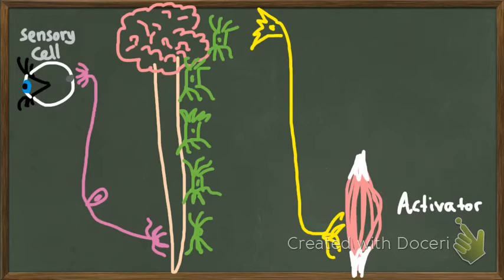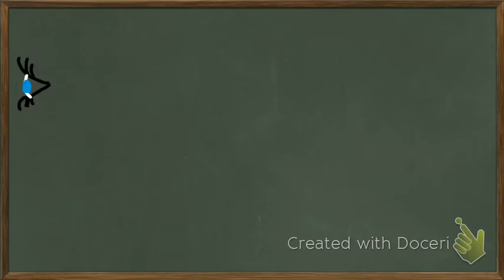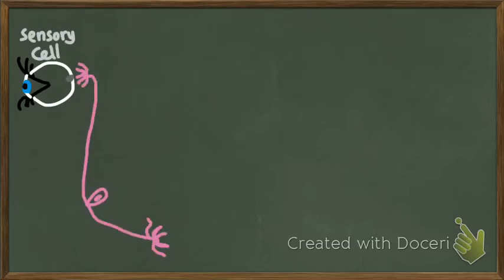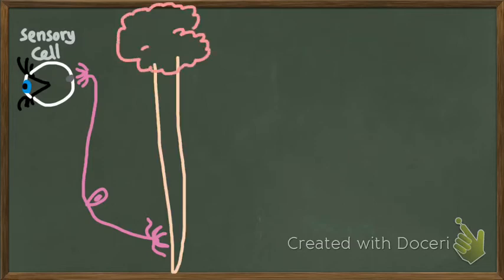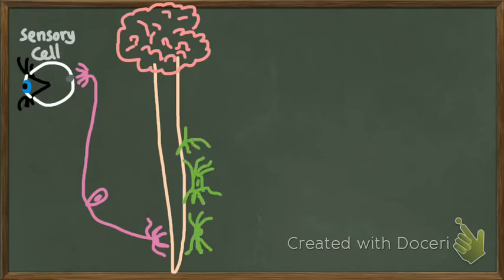A different example, let's start at the start again. So there is a snake, a stimulus. We see it, an impulse is created and sent along our sensory neuron. The sensory neuron sends it to our spinal cord. Then it goes from interneuron to interneuron to interneuron all the way up to our brain, until the brain says, hey, that's a snake.